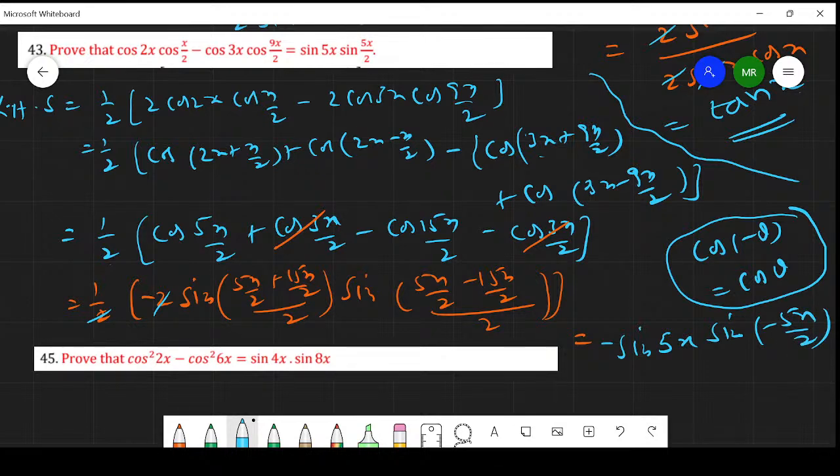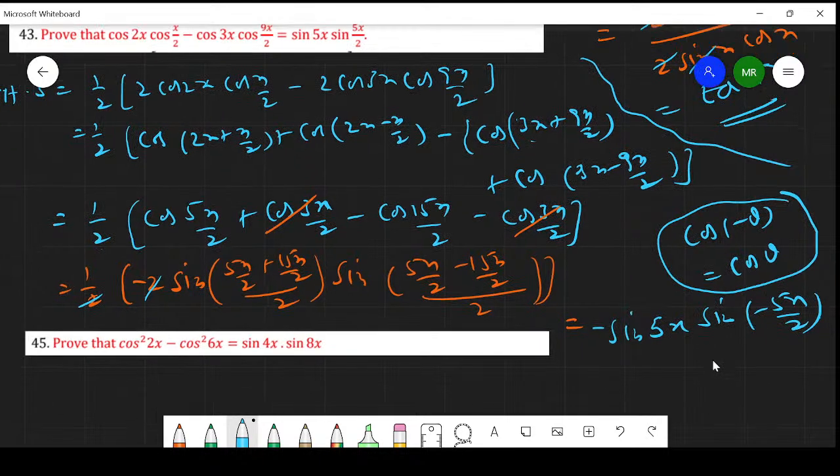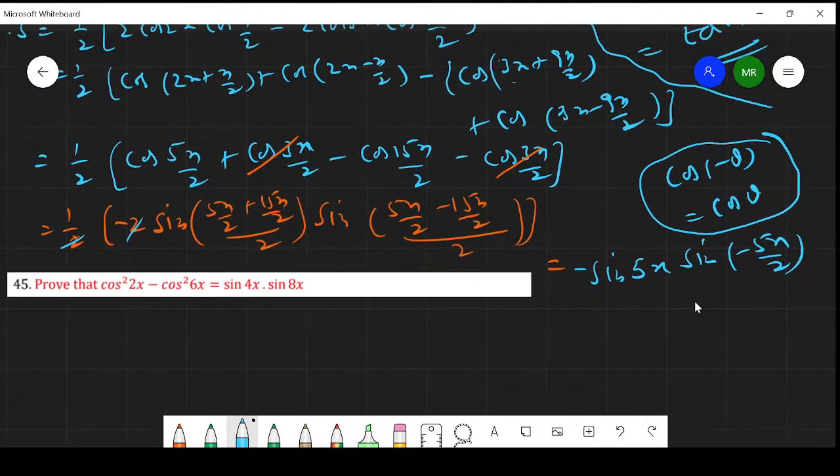Be careful with the simplification: sine of minus theta is minus sine theta. This will become positive. I will write sin 5x into sin 5x/2. So that is the required one.